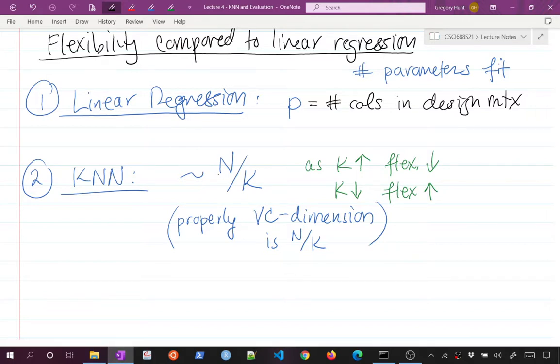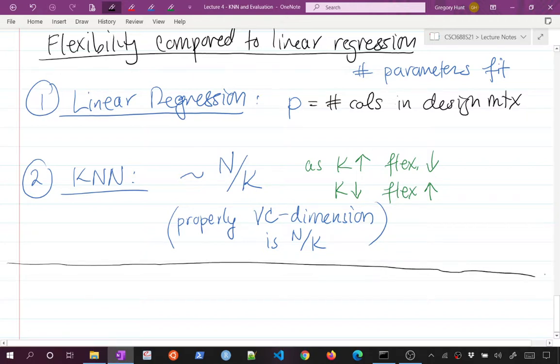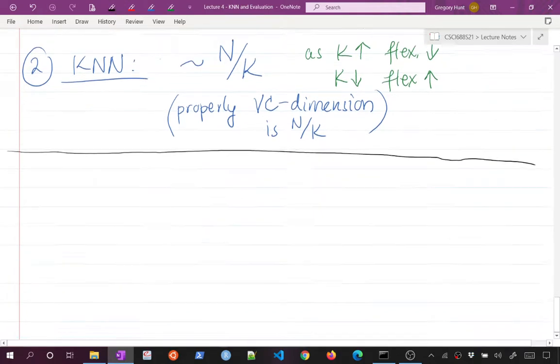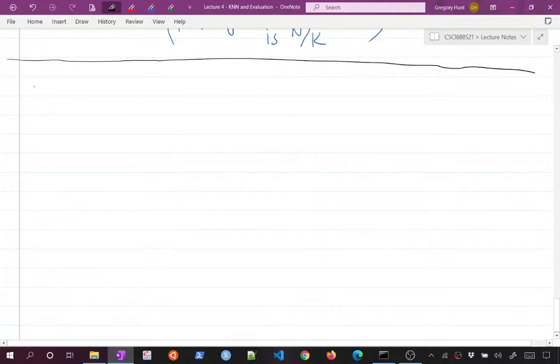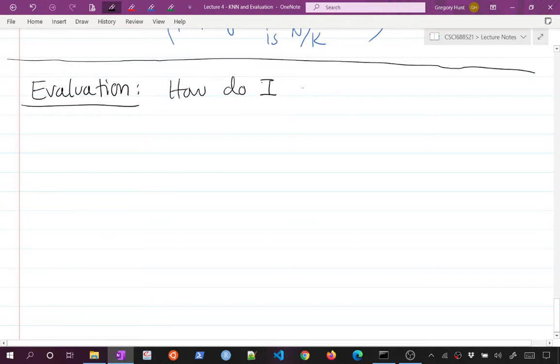Okay. So we've got a little bit of time left, and we've now introduced both KNN and linear regression, and we want to talk about evaluation. So evaluation basically being, how do I choose a method or parameters, right?